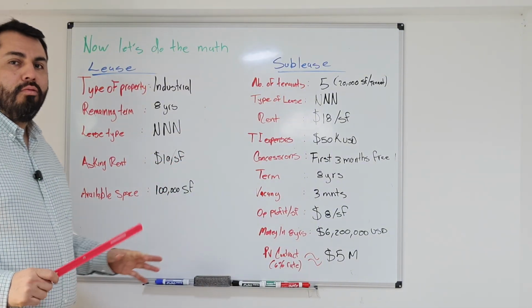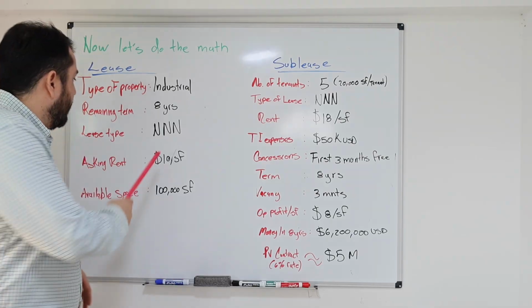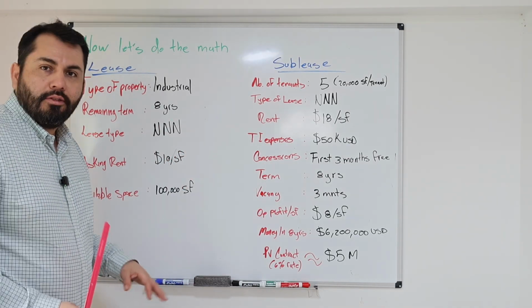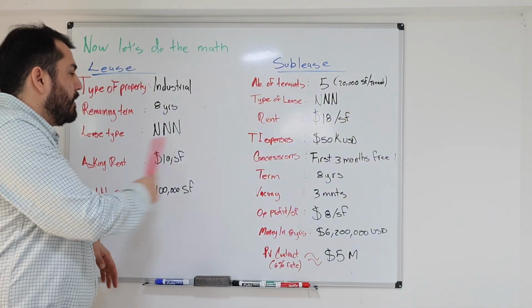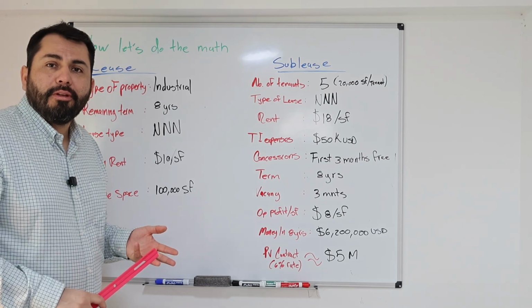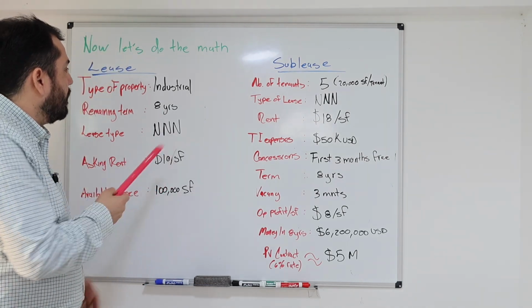Many industrial properties have triple net leases. That means all the rents you get in your pocket are profit, or most of it, because the tenant will pay for maintenance, for insurance, and for property taxes. So you keep all the money with triple net leases.